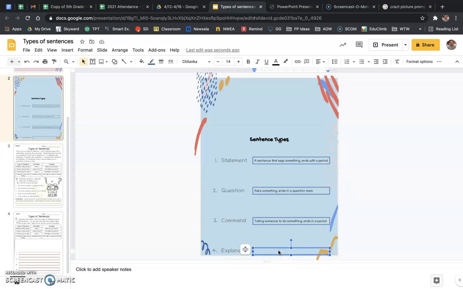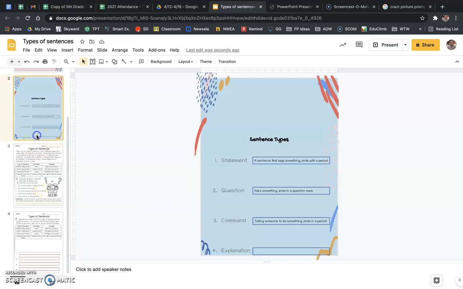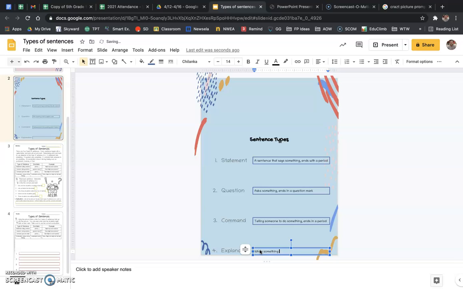And the last one, an exclamation. Exclamation is when something exciting happens, ends in an exclamation point.